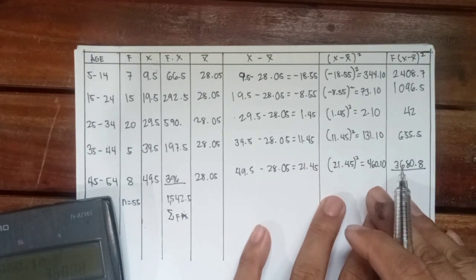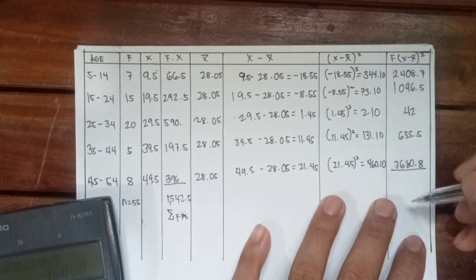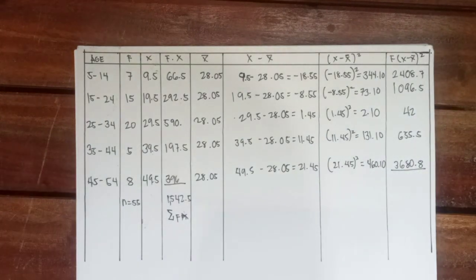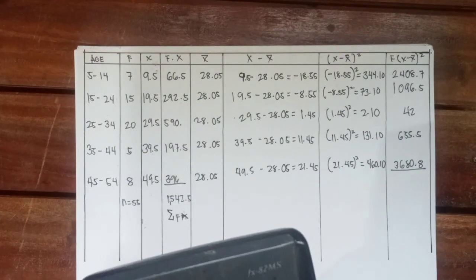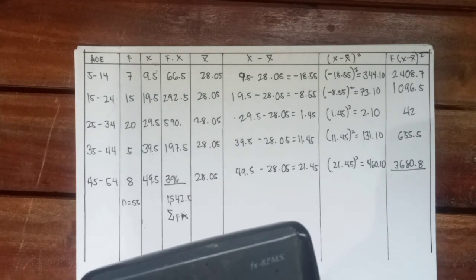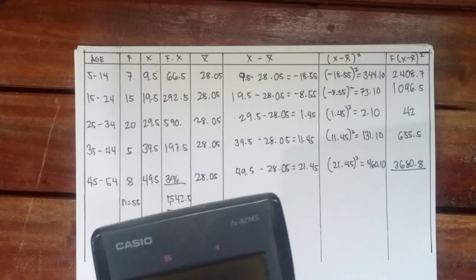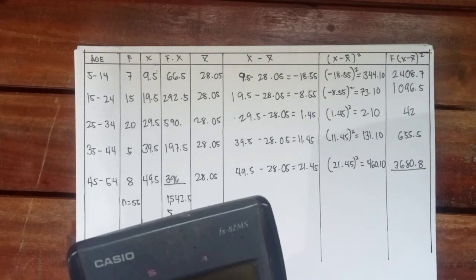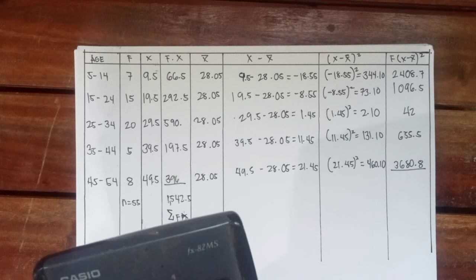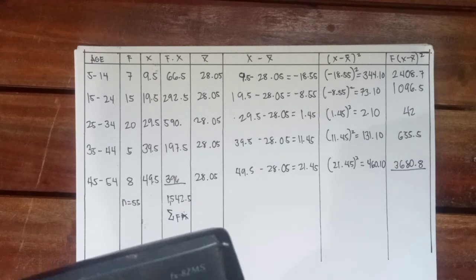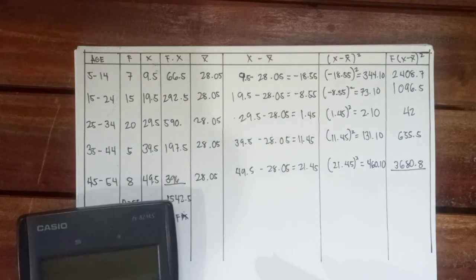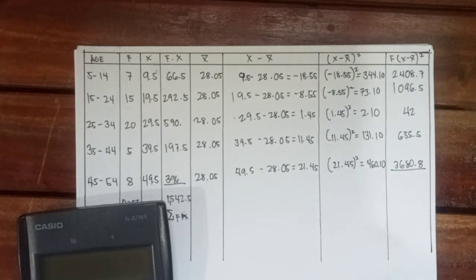Ang gagawin naman po natin dito ay i-add natin lahat. Add natin to sa calculator natin. 2,408.7 plus 1,096.5 plus 42 plus 655.5 plus 3,680.8 is equivalent to 7,883.5.